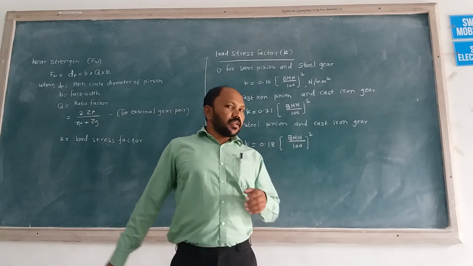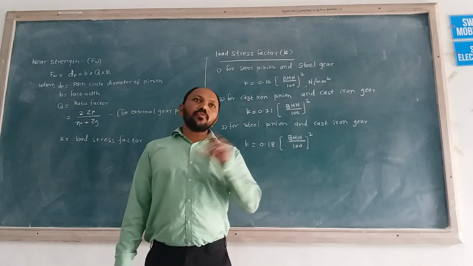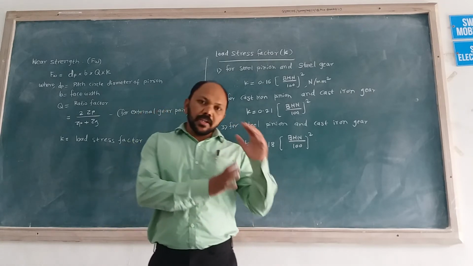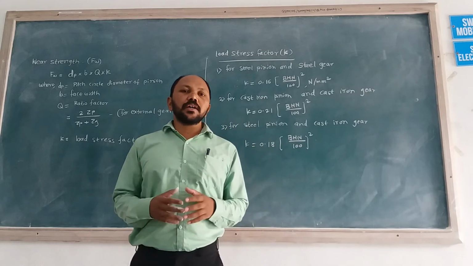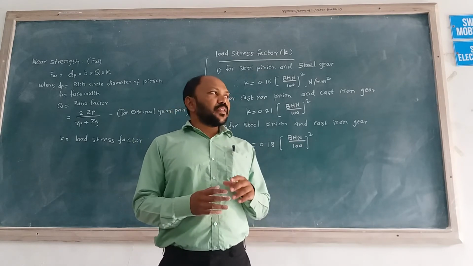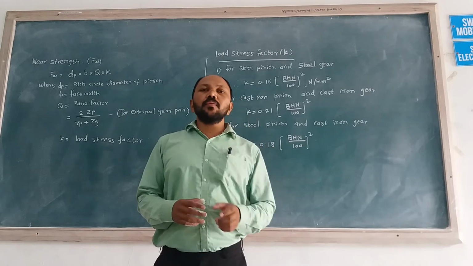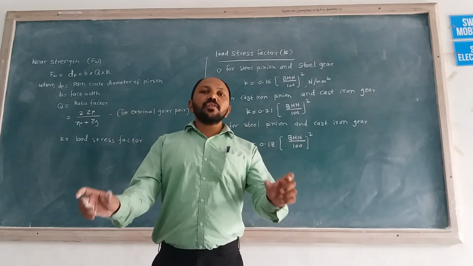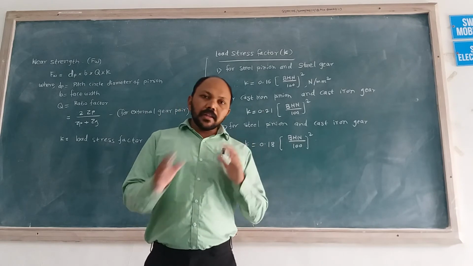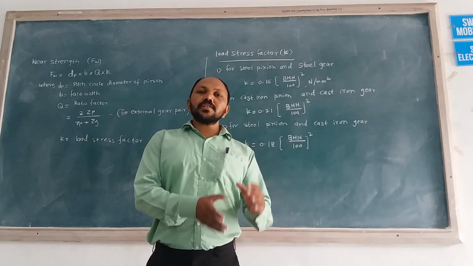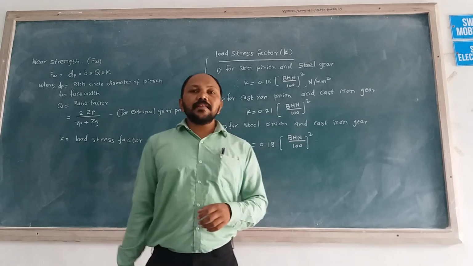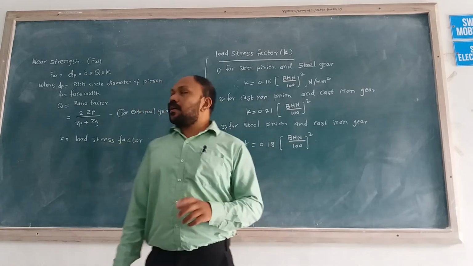In the beam strength equation, we check which is weaker, whether the pinion or the gear. For that purpose, we take the product of sigma b into Y for pinion and sigma b into Y for gear. We find the answers for both and compare them. Whichever answer is less, we identify that, and we design for that case.